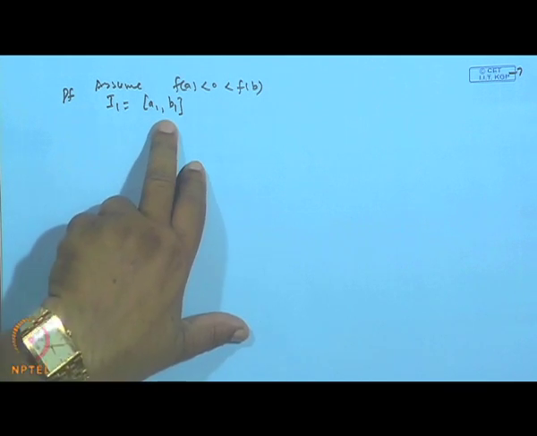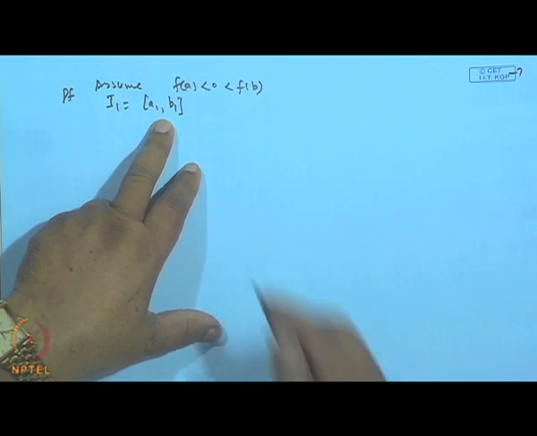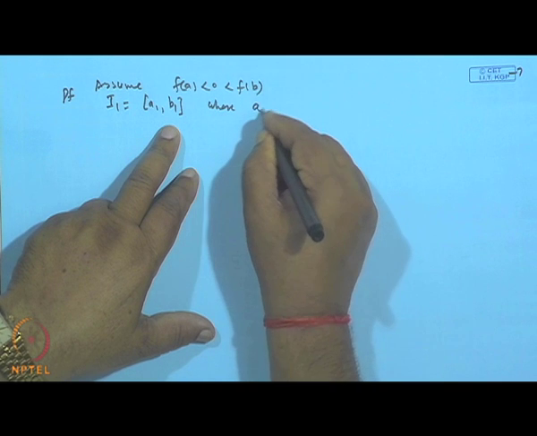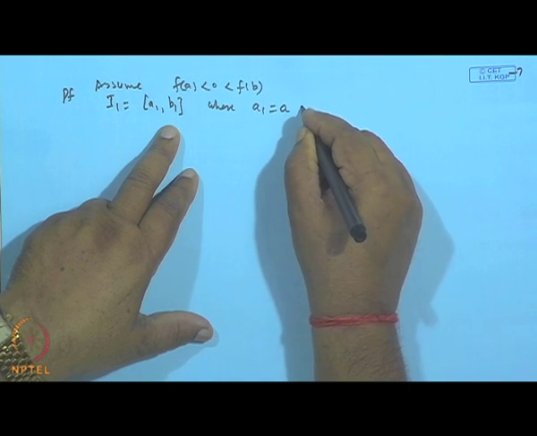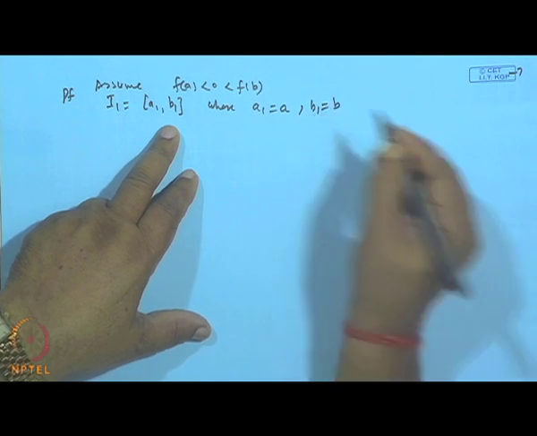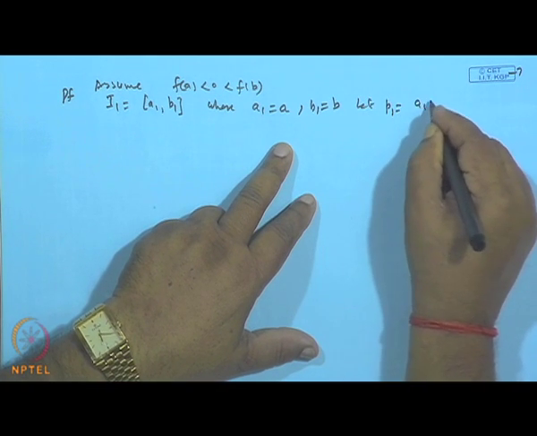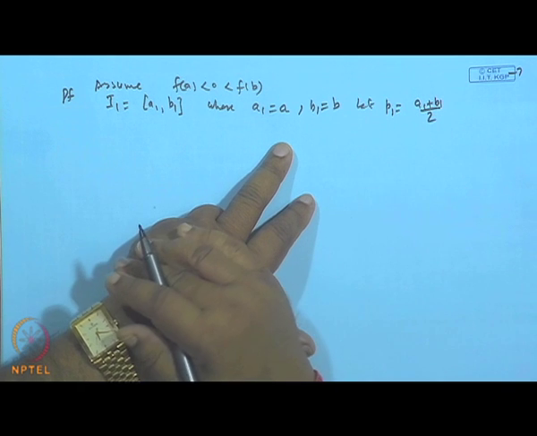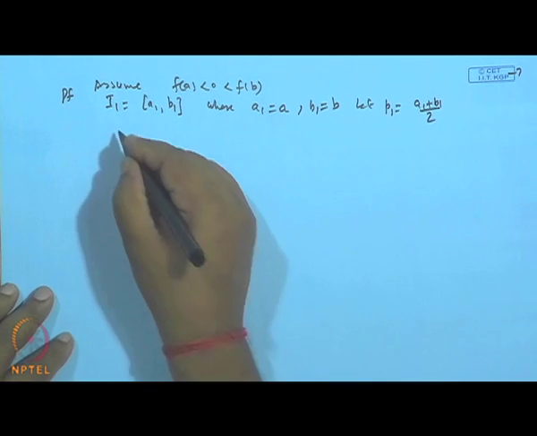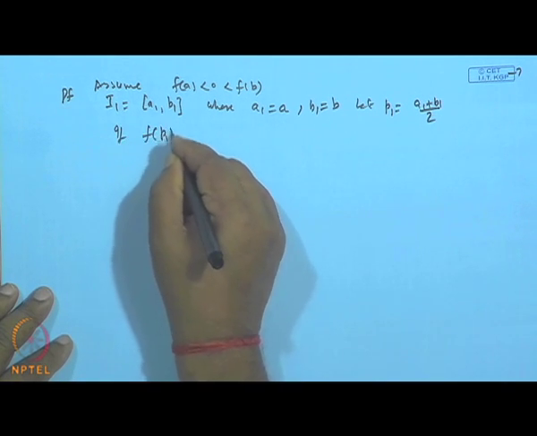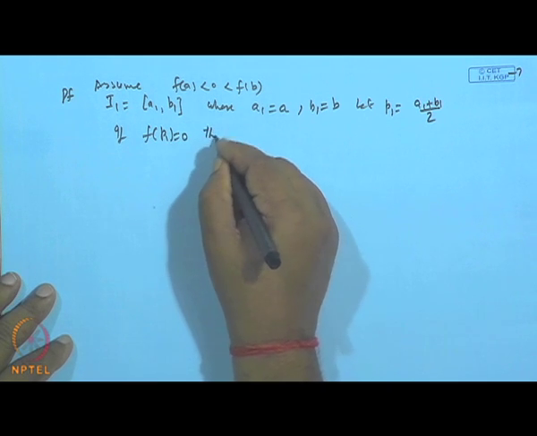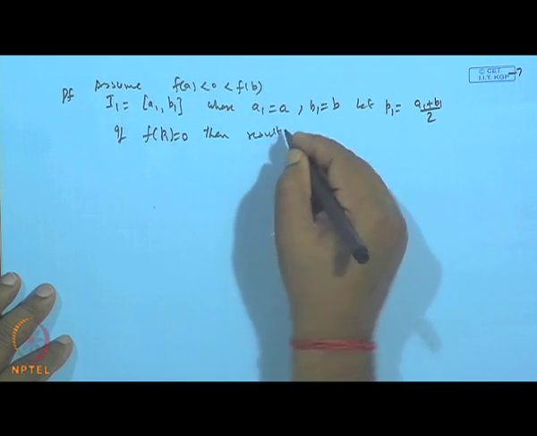Now, I_1 is the interval where A_1 is A and B_1 is B, and let P_1 be the middle point, (A_1 + B_1)/2. Now, if f(P_1) is 0, then the result follows, is it not?